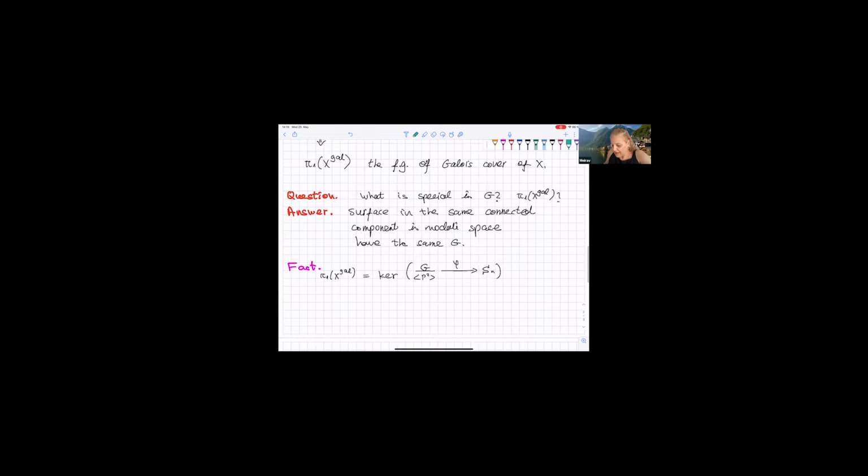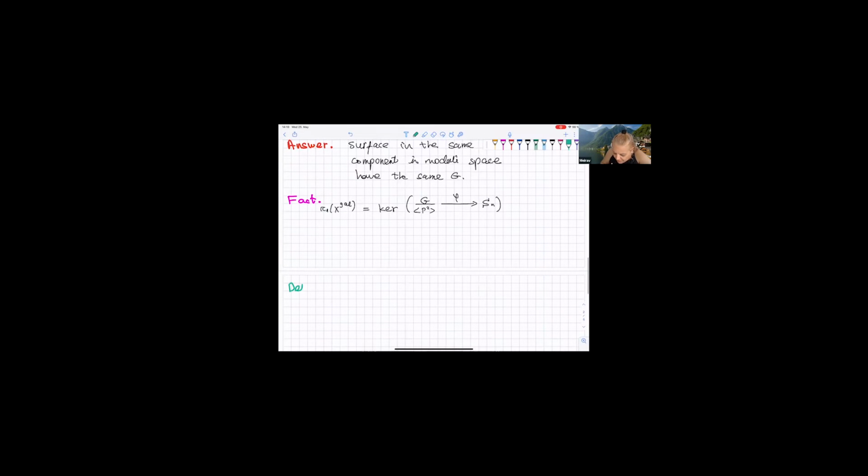And now, a very brief definition for the Galois cover. So if X is an algebraic surface, F is again the generic projection of X onto CP square, and the degree of F is n, then we can define the Galois cover as follows.